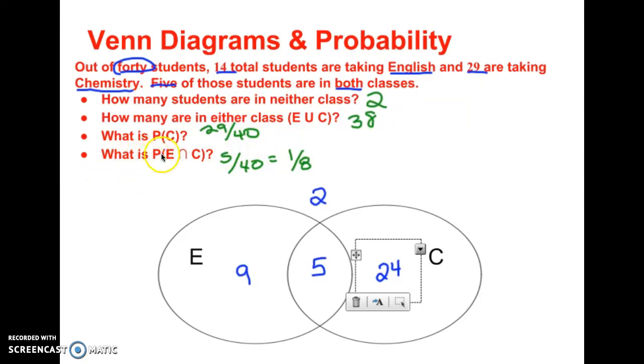And finally, what is the probability of a student being in English and chemistry? These are the 5 students that are in both, 5 out of 40, which reduces to 1/8, or I could put it as a decimal or a percent. So hopefully this helps you with the notation and the symbols and Venn diagrams. If you have any questions, ask me in class.